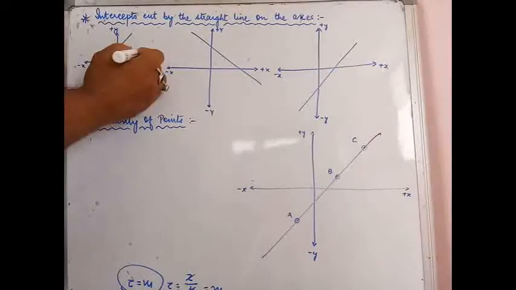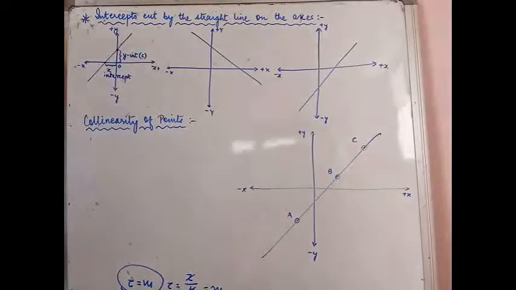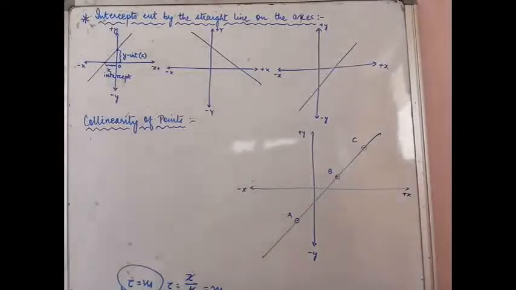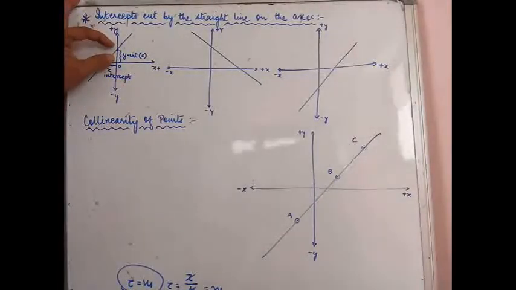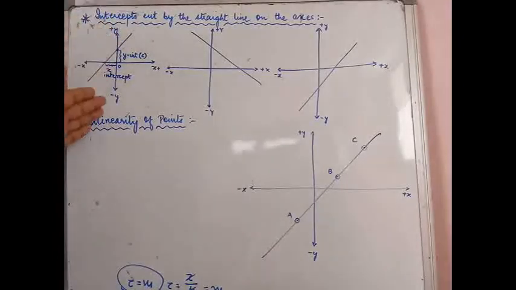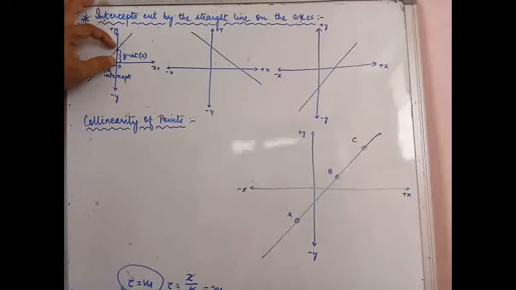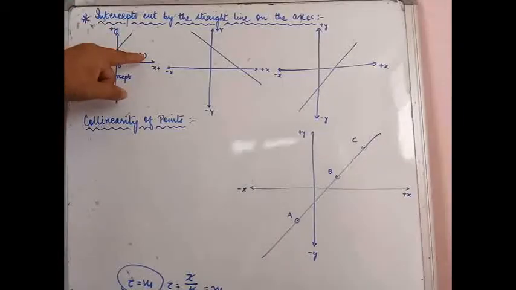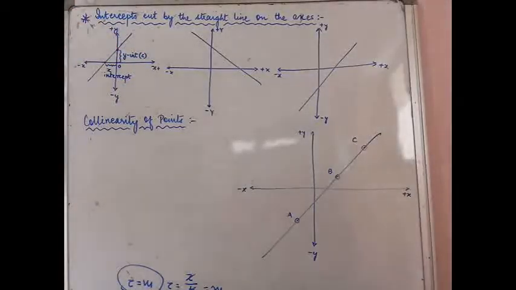Okay, and this y-intercept is represented in the equations with a small letter c. Please remember that this portion, which is the portion cut by the line on the y-axis, is known as the y-intercept and it is represented by a small letter c.